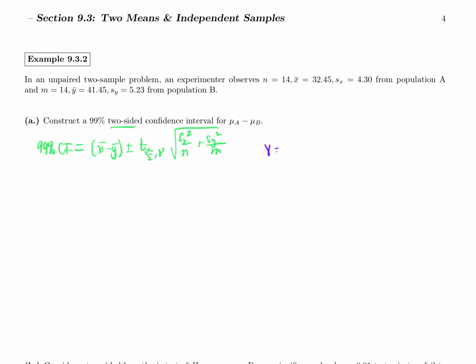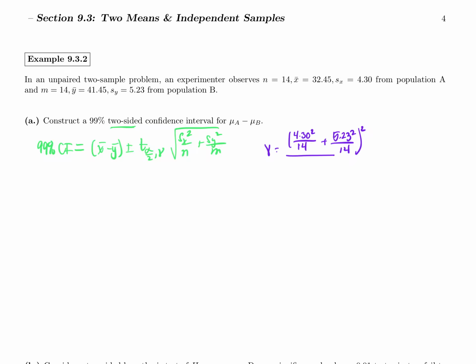We'll end up with 4.30 squared over 14, plus 5.23 squared over 14 as well, and the whole thing is squared.